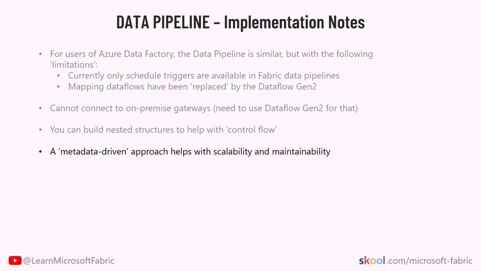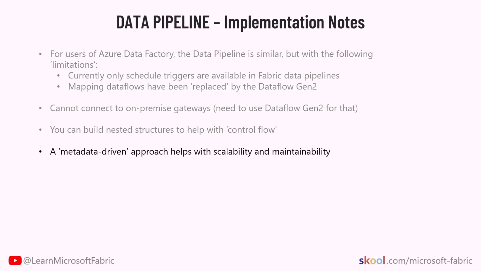What this means is you're going to create a lakehouse or a data warehouse with metadata about all of the different pipelines. So if you need to write 100 different data pipelines, then either you can create 100 data pipelines, or you can create a lakehouse table with 100 rows, and each row gives the metadata for a particular pipeline.